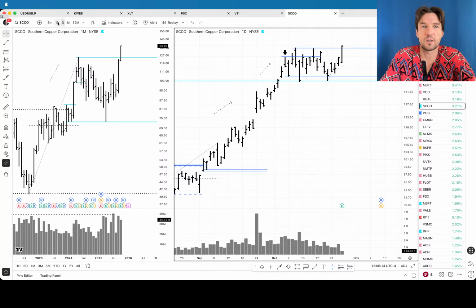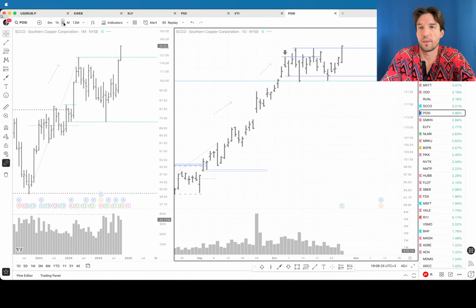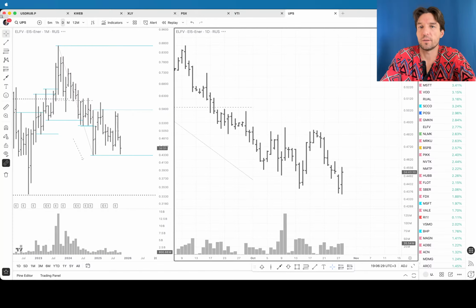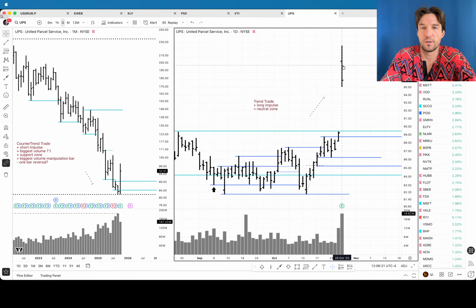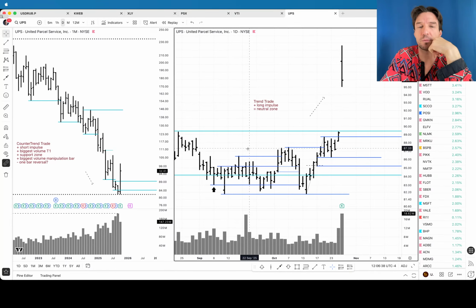Some counter trend should be, no, I should not have it at all. Yeah, so UPS is my pain. Absolutely my pain. One bar reversal after this volume and this accumulation.